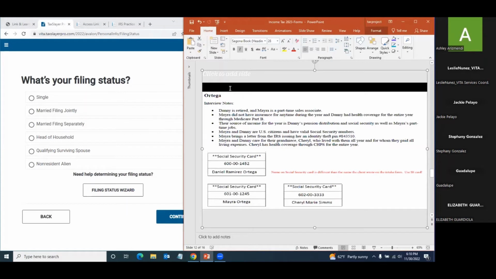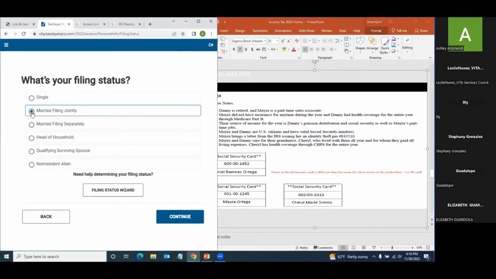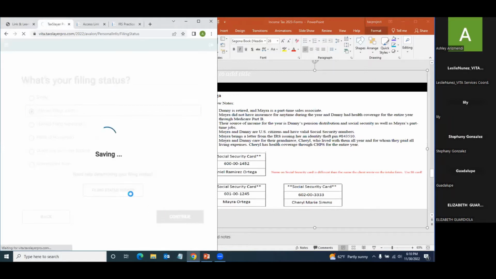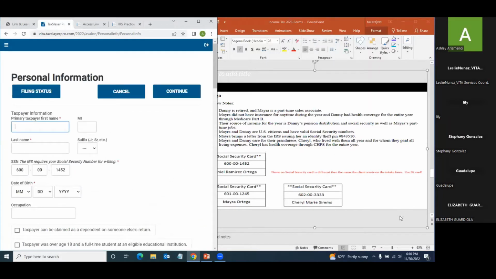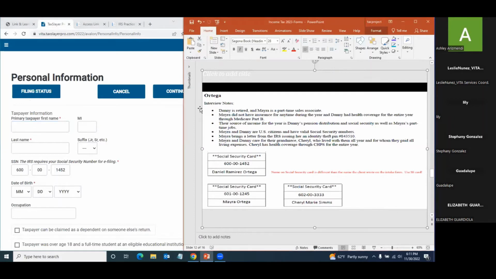Married filing jointly. Does everybody agree? We're going to click married filing jointly and then continue. So here, let me see if I can go to the next.